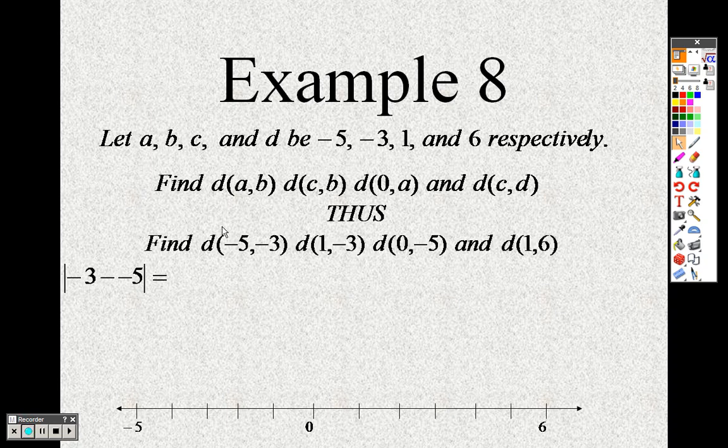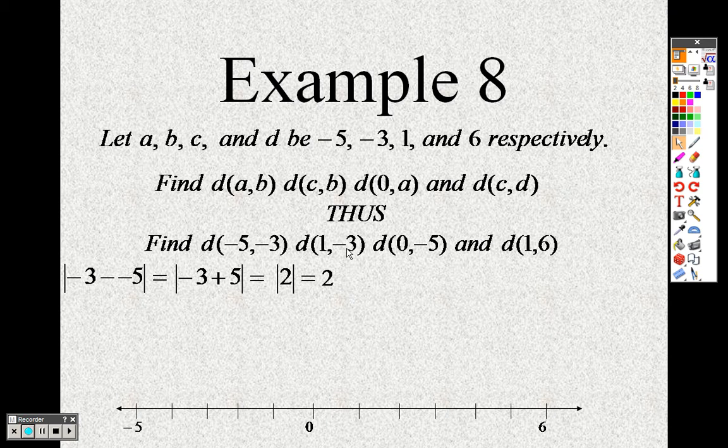So to find the distance, there it is. -3 minus -5 according to the formula. So that becomes plus a positive. So it's really like saying -3 plus 5, which is 2, and the absolute value of 2 is 2. So the distance between -5 and -3, which is right there, is 2.